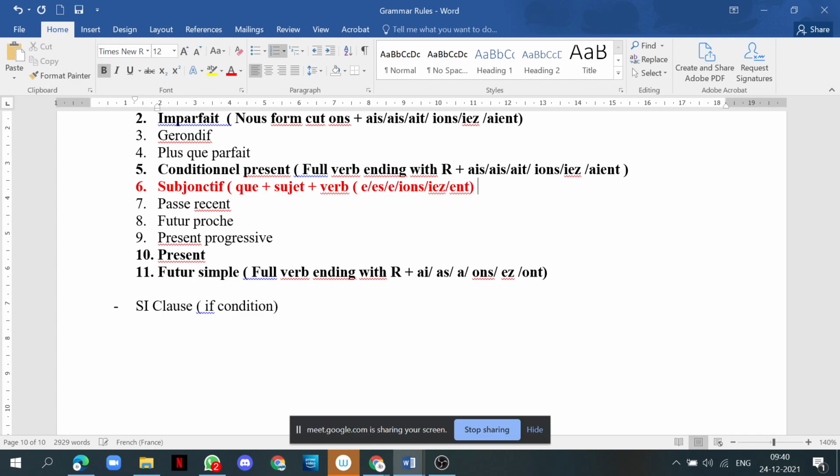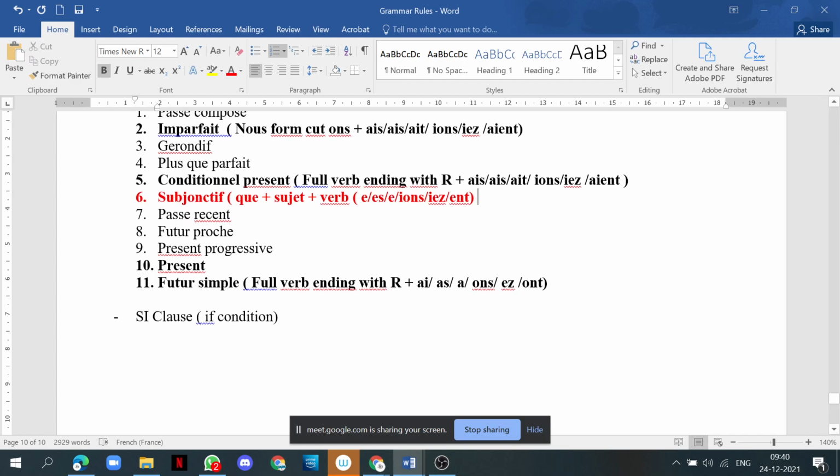These will be the subjunctive endings. So the most important thing is you need to remember the endings for individual topics. You can remember this only if you practice a little. So you have to do a lot of practice with the endings alone separately. What are imperfect endings? What are conditional endings? What are future simple endings?